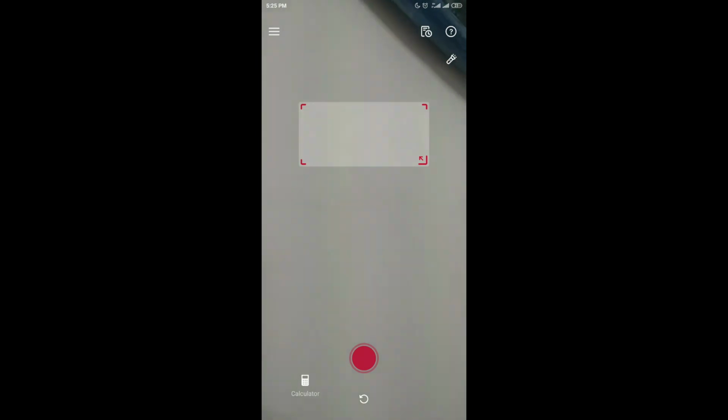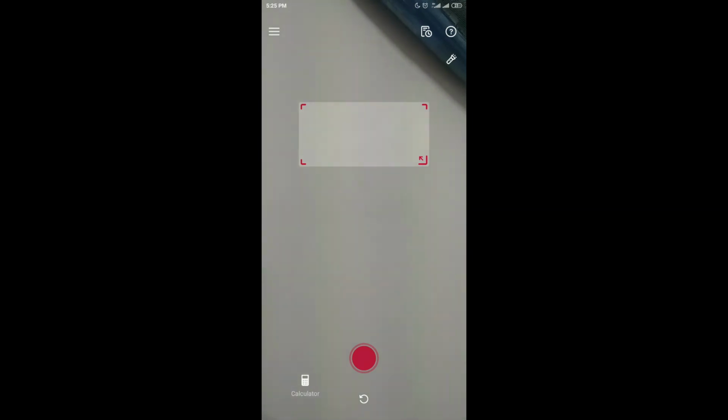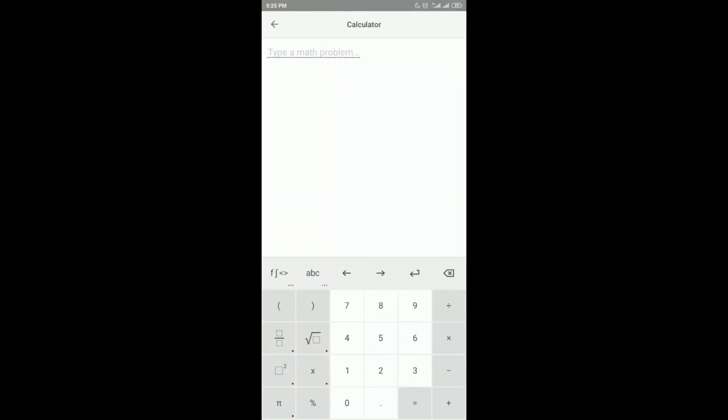Next, what if we cannot scan the equation? If we cannot scan the equation, there is a button here called calculator. You can press the button and you will get into the calculator.